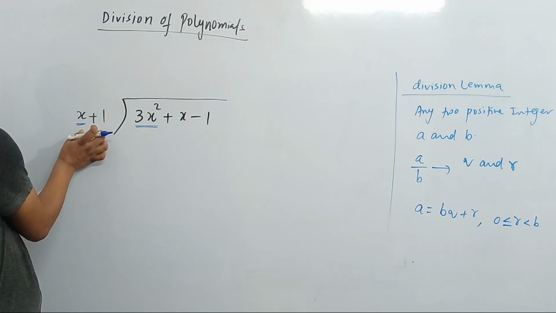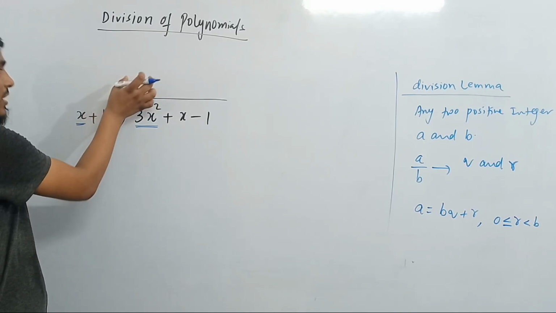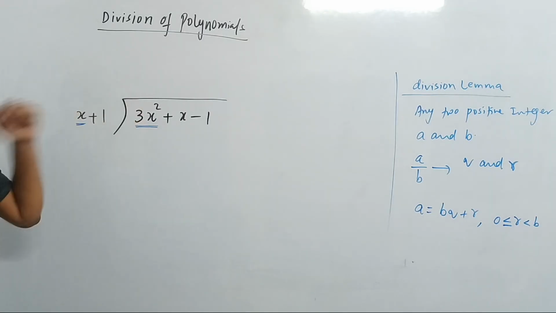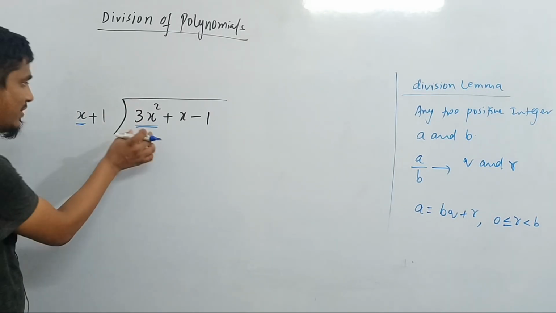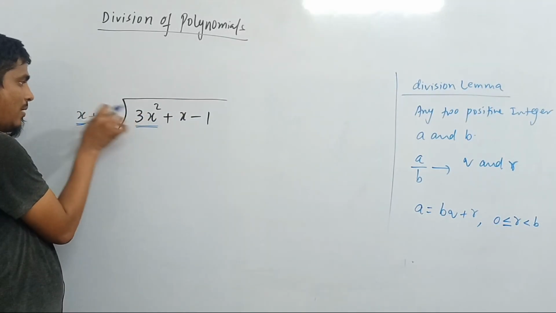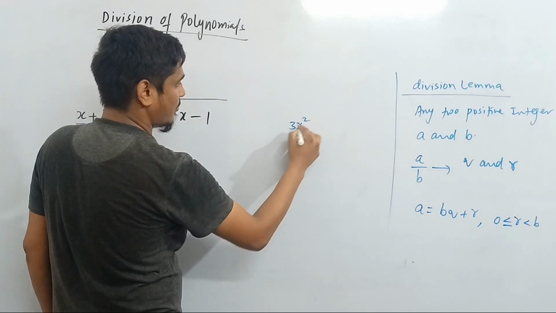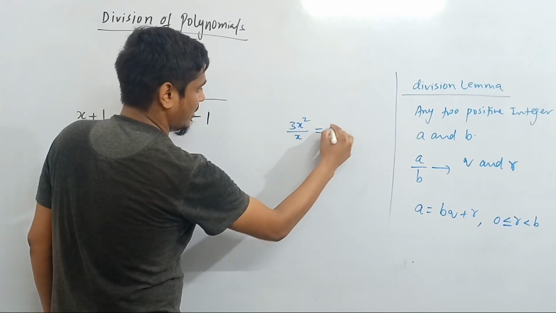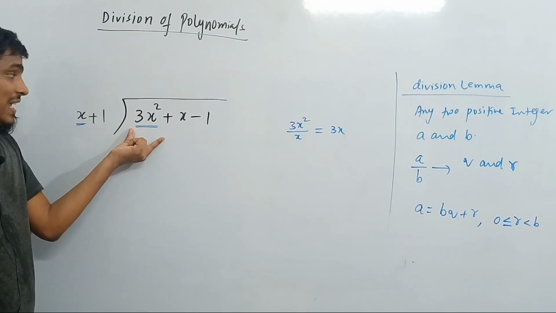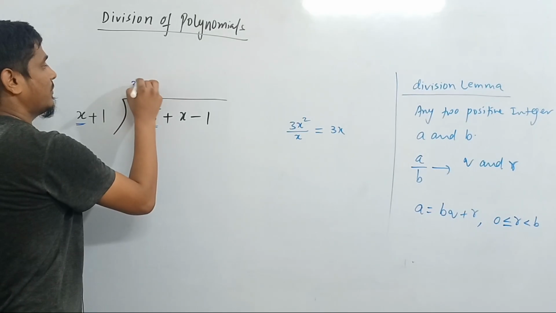Whatever the divisor is, once we multiply divisor and quotient, the degree of the product will be equal to the degree of the dividend. Here we have 3x square, and the first term of the divisor is x. So try to divide 3x square by x, which gives 3x. We'll get 3x square only if we multiply x with 3x. So write down 3x here.